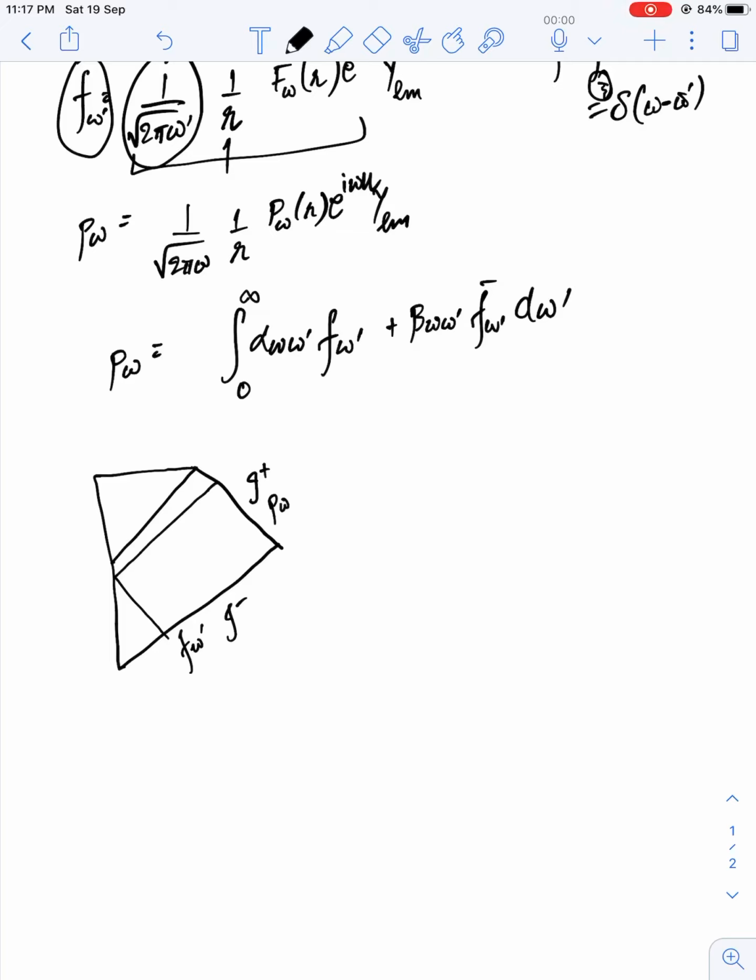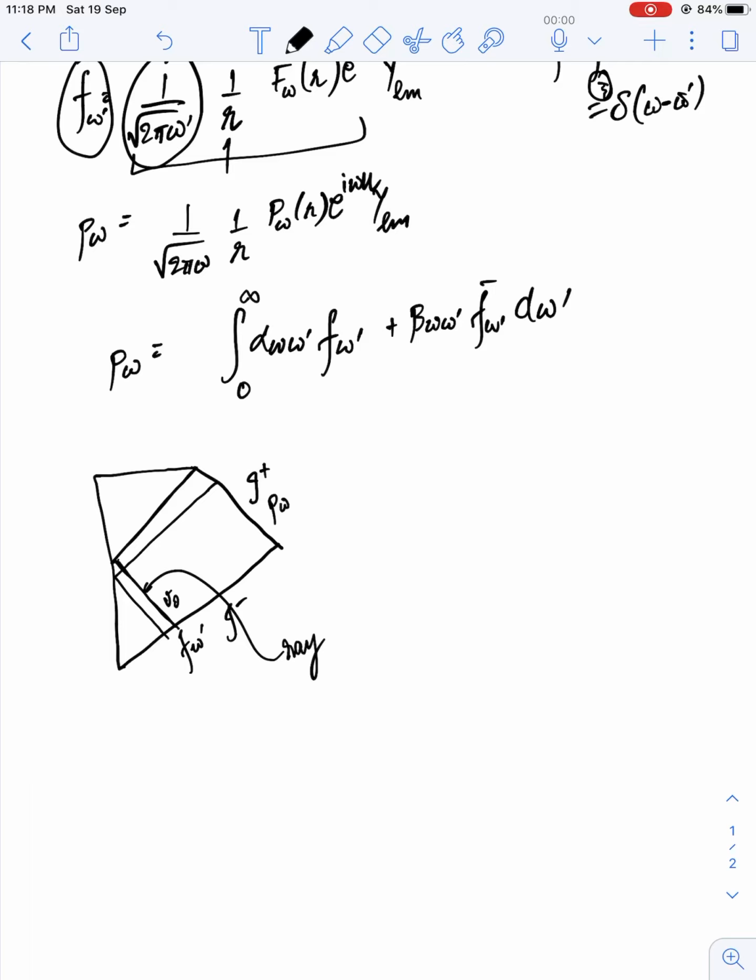So at the particular advanced time v naught, which can't escape to the scri plus, we get the event horizon. So this point, this ray is a part of the null generator.